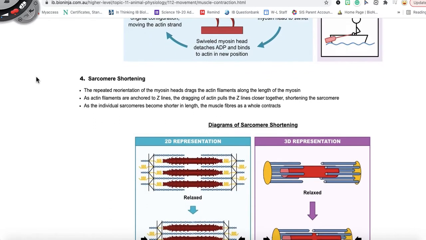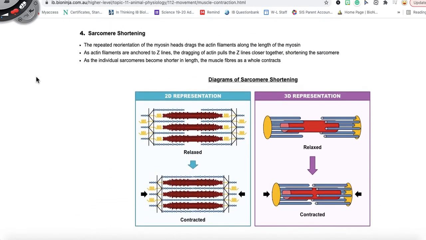So once that has happened, that causes the sarcomere to shorten, which is the 4th step. So here we see a 2D representation of a relaxed sarcomere and then a contracted sarcomere. And here we see a 3D representation of a relaxed sarcomere and a contracted sarcomere.